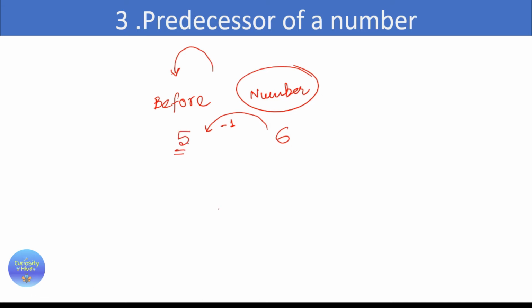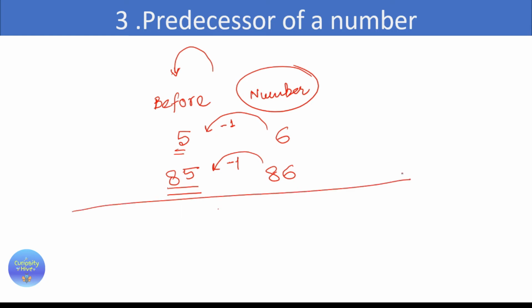So 5 is the predecessor of 6. Let's take 86. Again for 86, we'll subtract 1 and we'll get the number that comes just before 86, which is 85, which is the predecessor of 86. So if you get a question, what is the predecessor for 999?